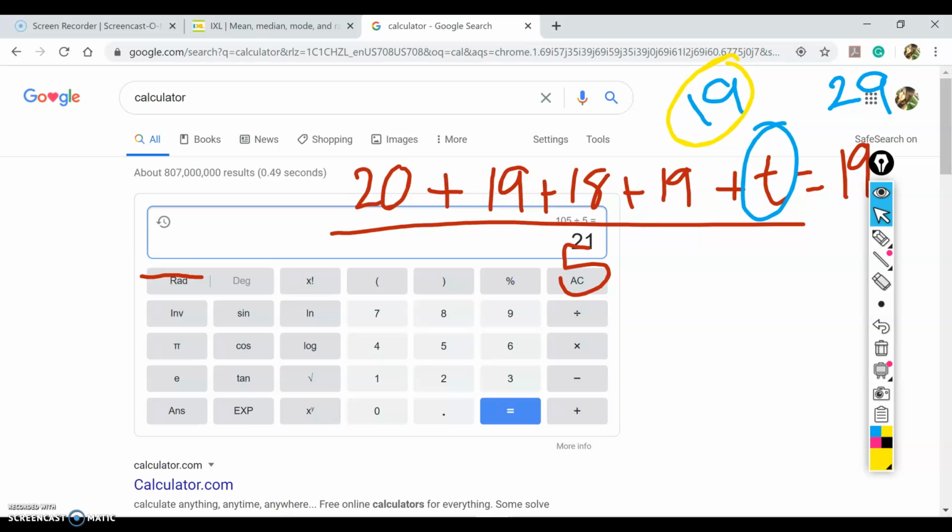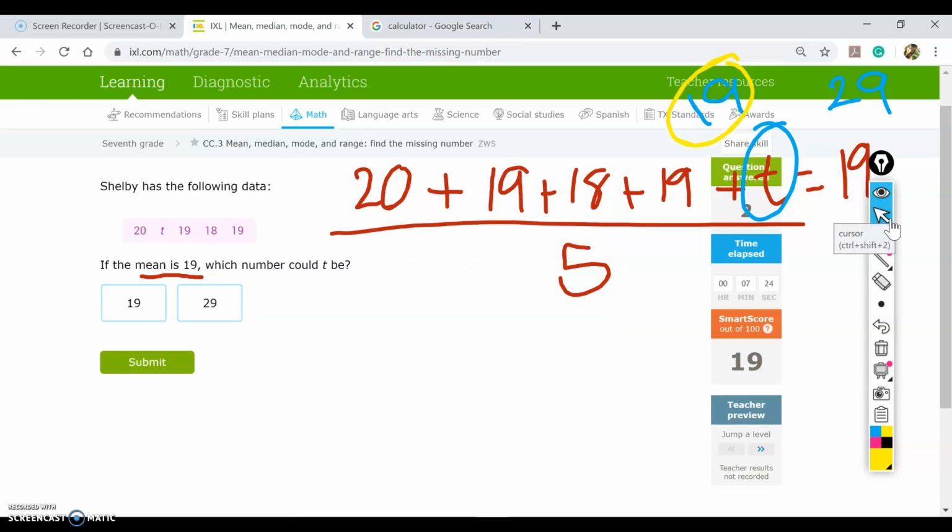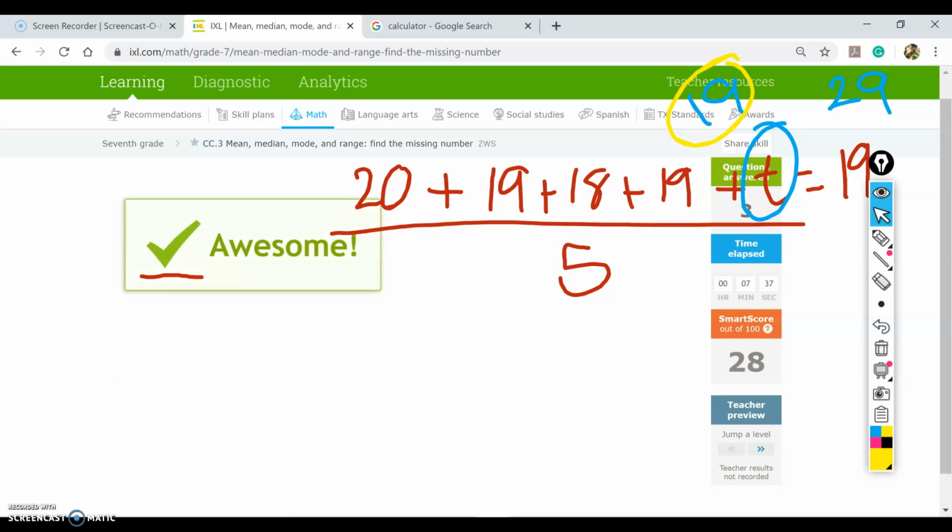So if I replace 21 in my problem, my mean would be 21. But if I replace a 19 in the problem, my mean would be 19, and that's exactly what I need to get. So that's why the answer for this problem would be 19.